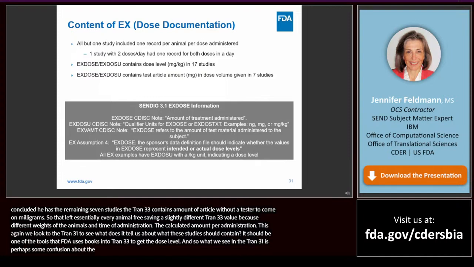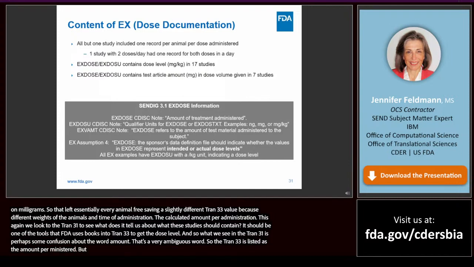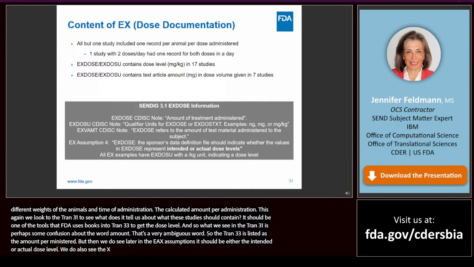And so EX dose in the CDER notes is listed as the amount of treatment administered. But then we do see later in the EX assumptions that it should be either the intended or actual dose level. And we do also see that EX examples, in all cases, have the dose level with a per kilogram unit.